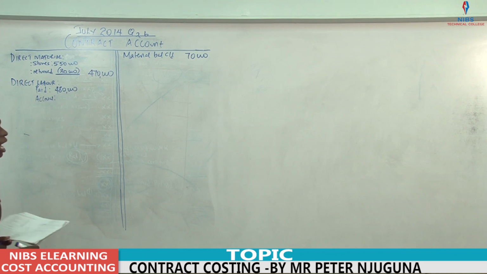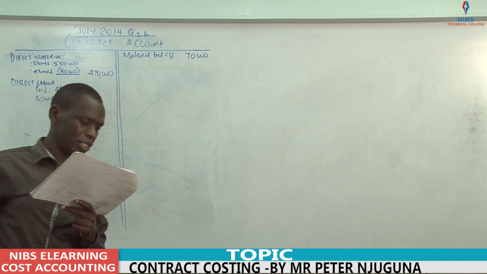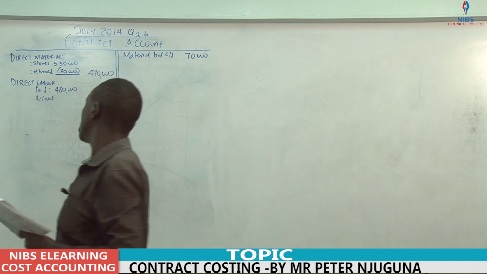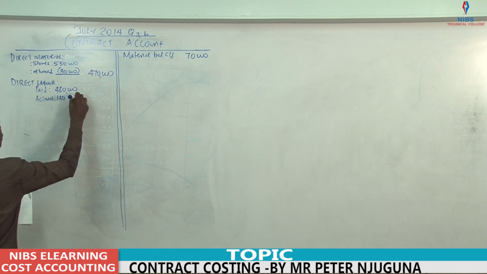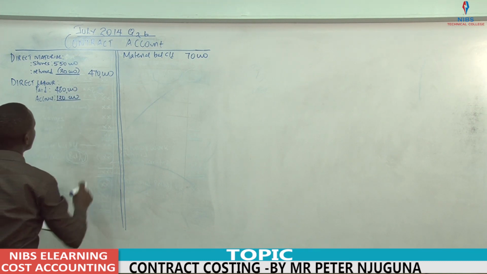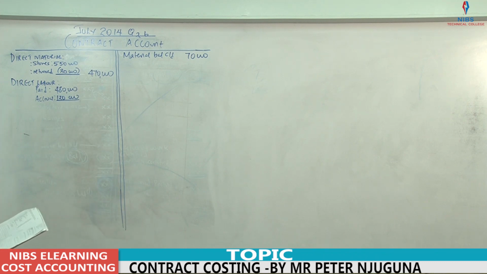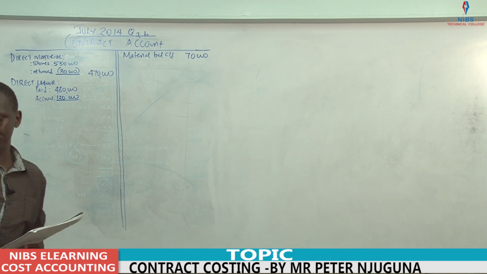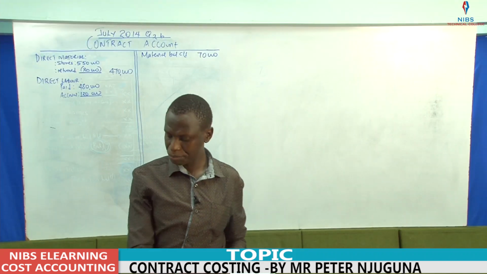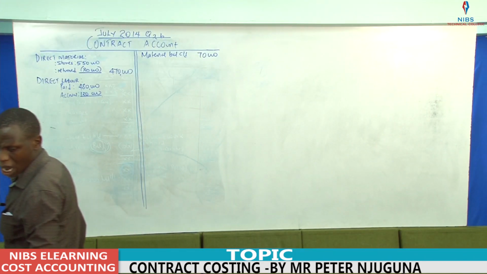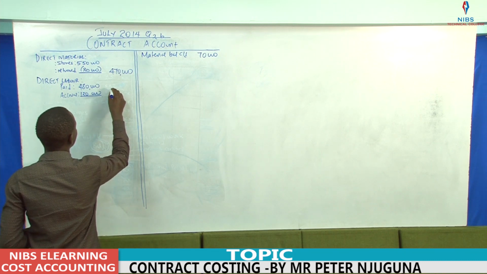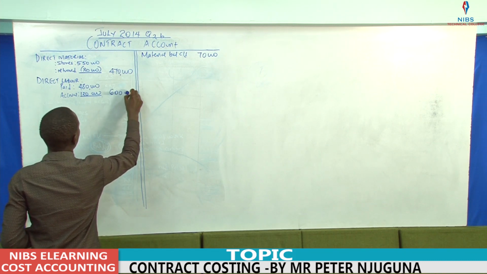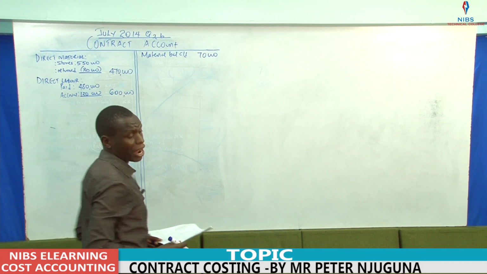At the end of the year, there was an accrual for wages, 120,000. Accrual for wages 120. How much do we get as our total direct labor? 600,000, if we are correct.